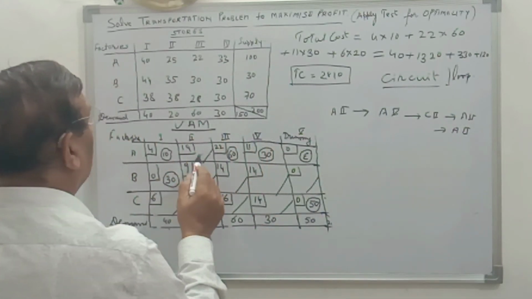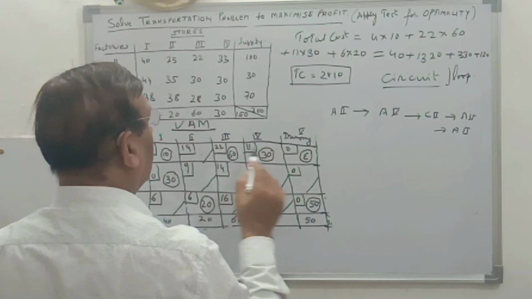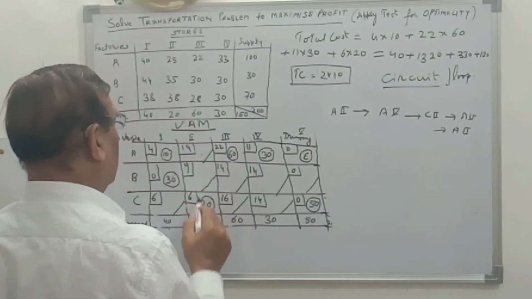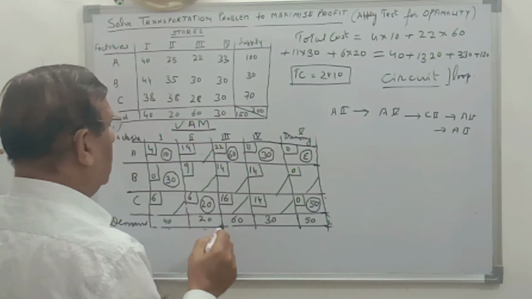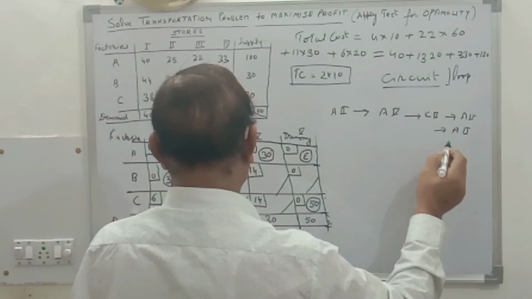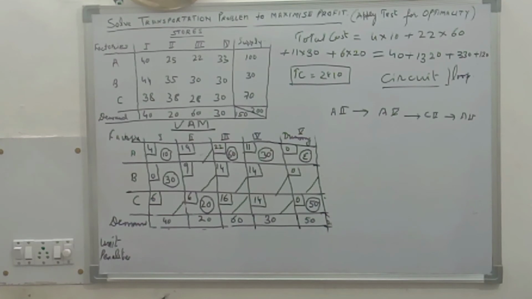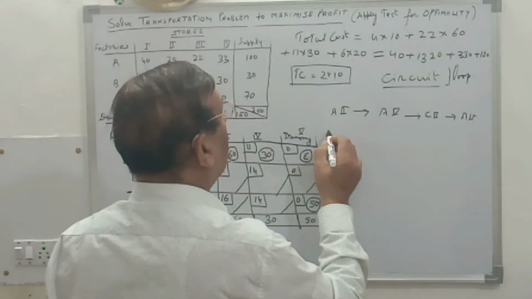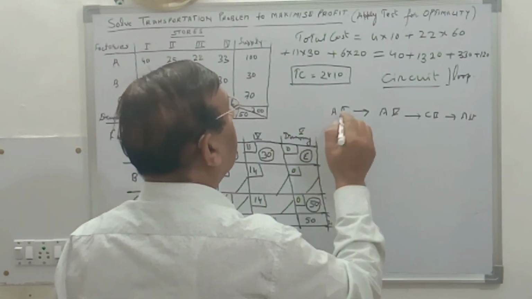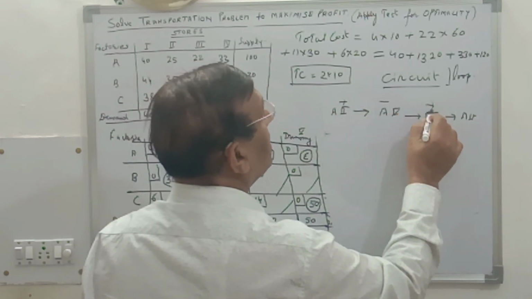So this, from this to this and this, then you are going back. This is your C second to A second. So this is the technique. Here you have to start like this, plus, minus, plus, minus.